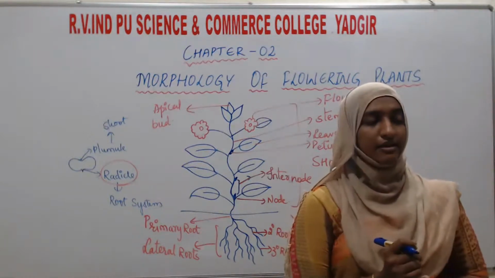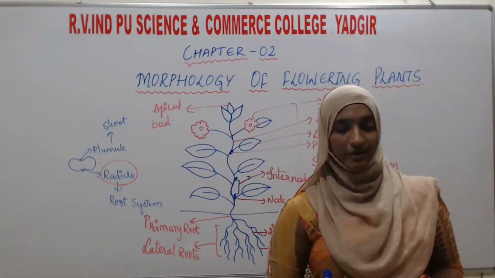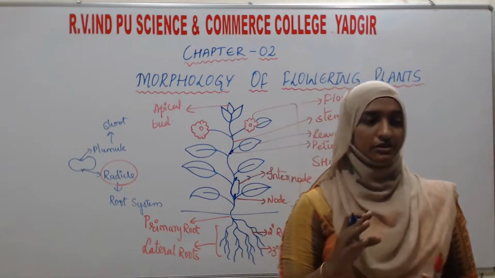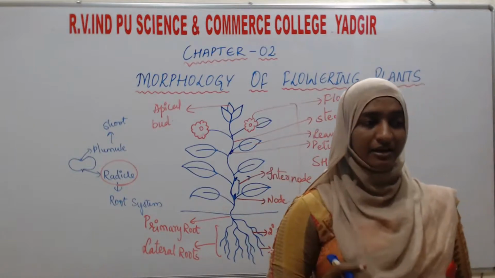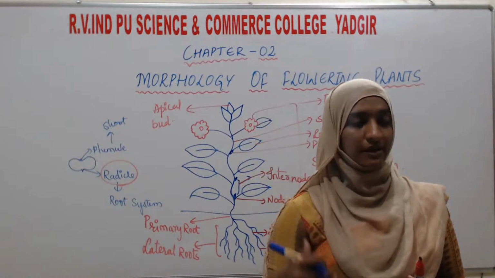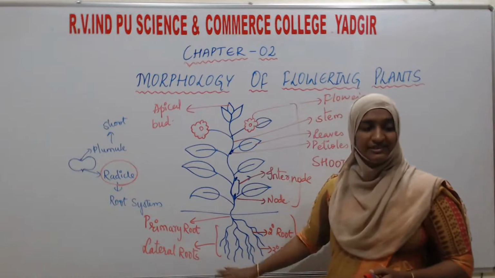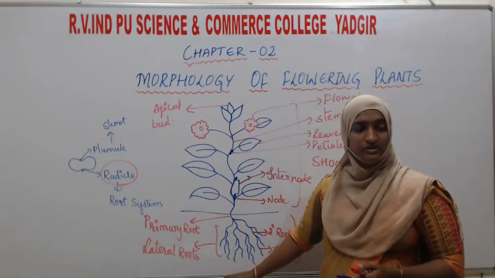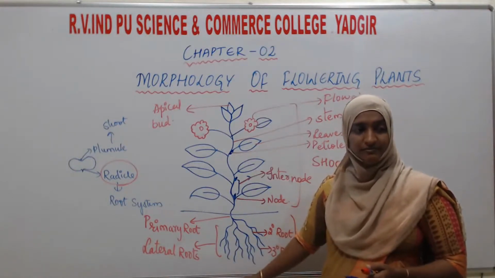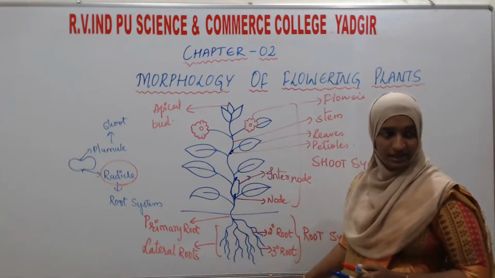That we call the morphological characters or morphology of the flowering plants. In that, majorly this plant is divided into two parts, the shoot system and the root system. This root system is present below the soil surface. In this there is a primary root, secondary root and tertiary root.